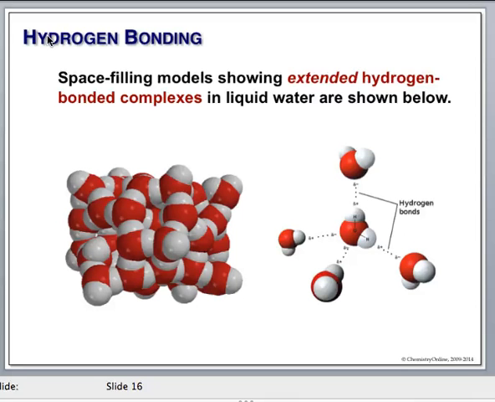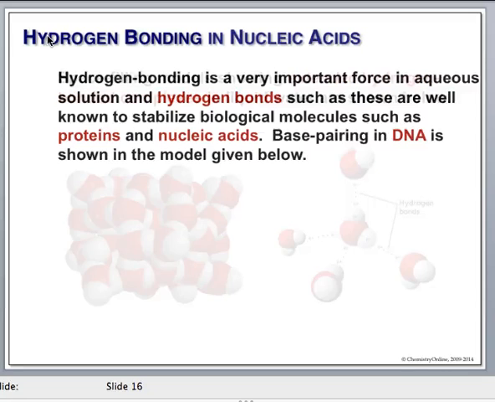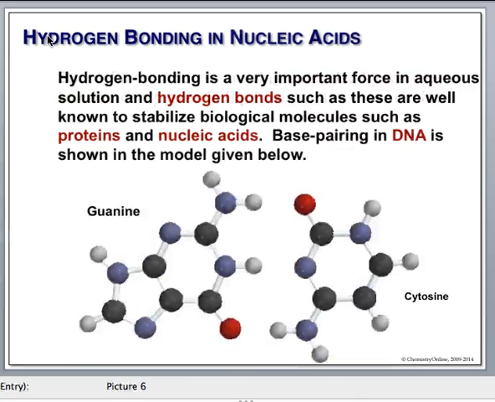All right. Well, we've all heard of hydrogen bonding. In biology, we talk about hydrogen bonding between base pairs. Remember hydrogen bonding. You simply need something with electrons to serve as an electron donor, and you need a polar hydrogen bond to serve as an acceptor. This is guanine, this is cytosine.